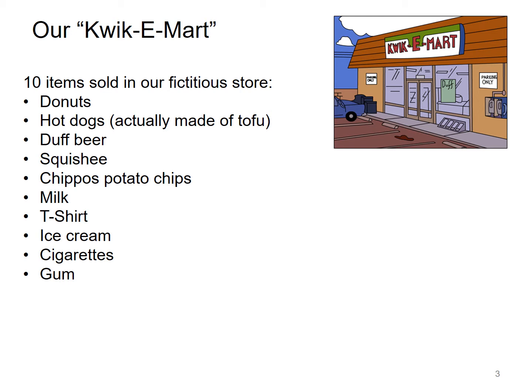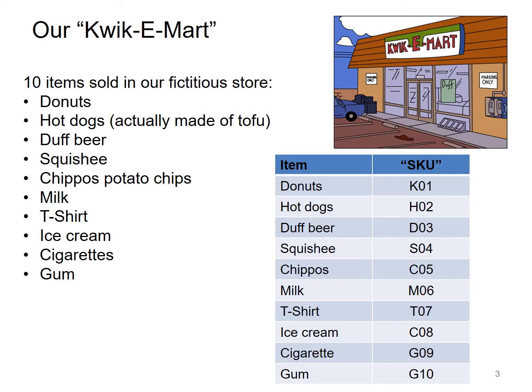These are the only 10 items in the store. For each one of these fictitious items, we also have a fictitious SKU. I made up these fake SKUs, and we want to see how the sales volume of these SKUs looks for any given week, month, or year, any given time period.